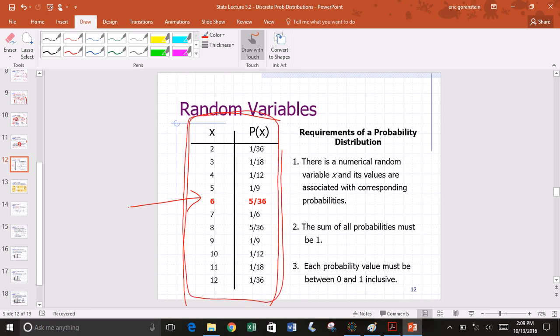A probability distribution lists all possible outcomes of your experiment and the corresponding probabilities of each outcome. So if you're rolling 2 dice, you could roll anything between 2 and 12. So the probability distribution lists all possible outcomes, 2 through 12, and the corresponding probabilities.